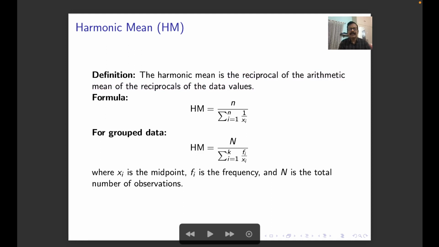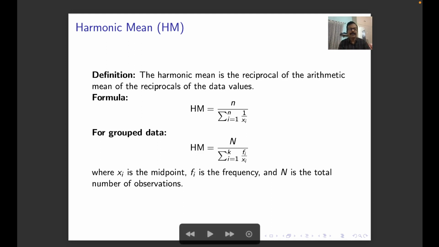So we have n values, so n divided by summation i equal to 1 to n 1 by xi. That is, n divided by 1 by x1 plus 1 by x2 plus etc. plus 1 by xn in case of raw data.